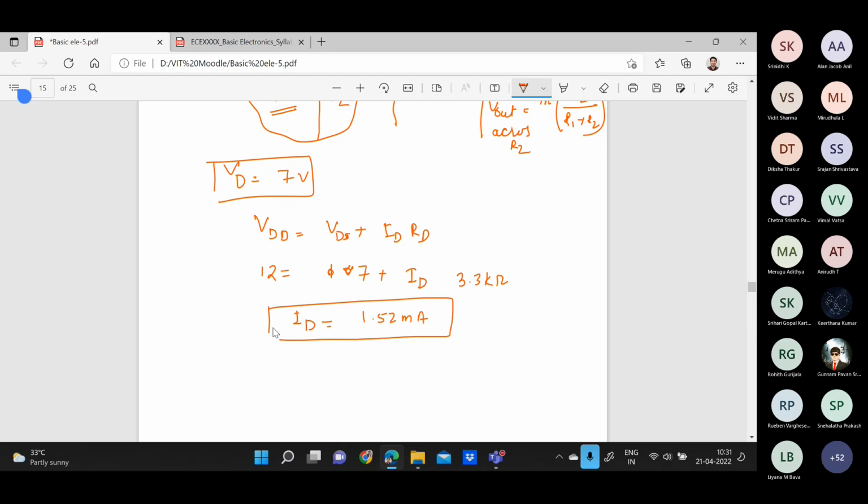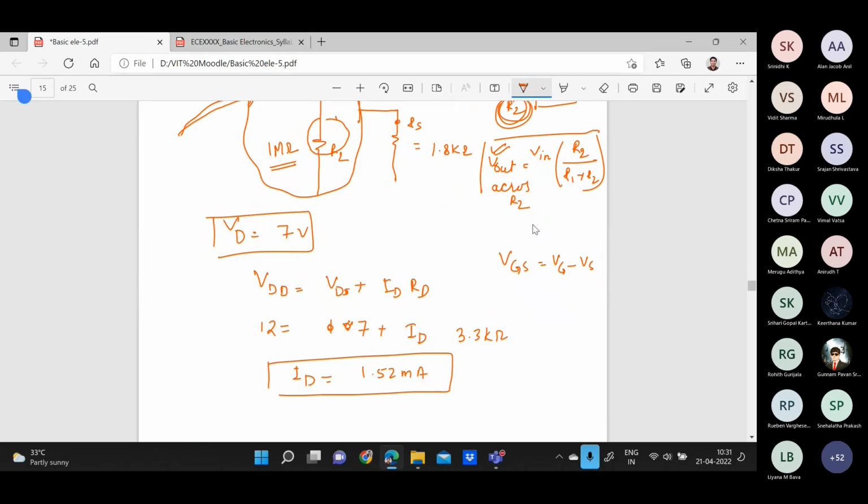And we have to find out the value of VGS, which is equal to VG minus VS. In this question, we have to find out the gate to source voltage. Gate to source voltage you can calculate as the gate voltage minus the source voltage.